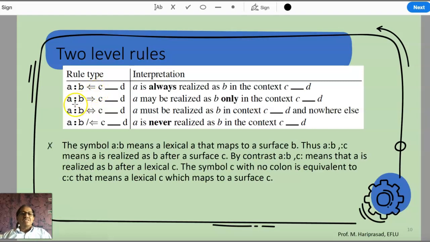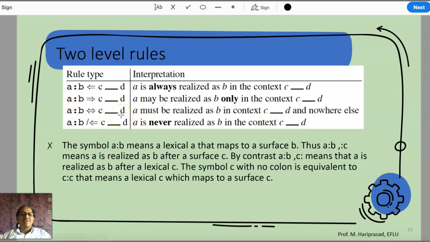When you have A changes to B, with a similar condition, but it may be realized because we are using the arrow which is right-headed. Here it is a left-headed arrow, here it is a right-headed arrow. When it's a two-headed arrow, we say it must be realized as B in this context and nowhere else. Nowhere else is it realized, only here.